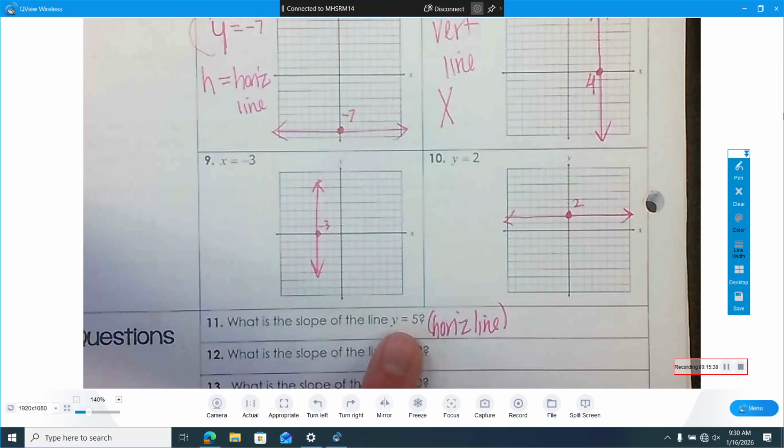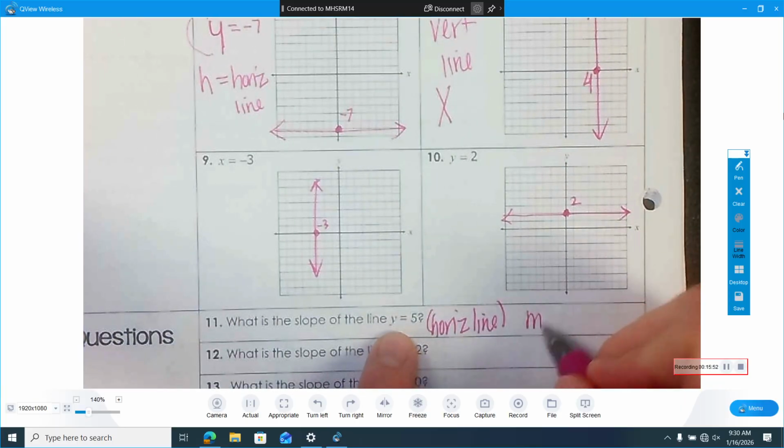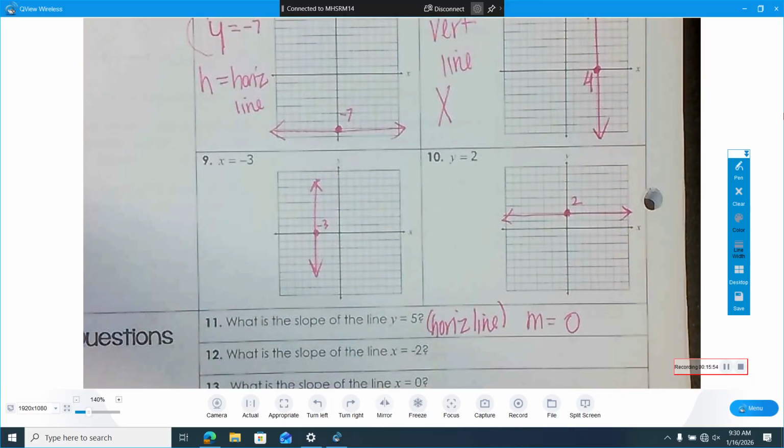How much does it go up? None, right? It doesn't go up any. It goes up 0. But it does go over, right? It goes over up 0 over 1, up 0 over 1. What's the slope of a horizontal line? 0. Yeah, it's 0.